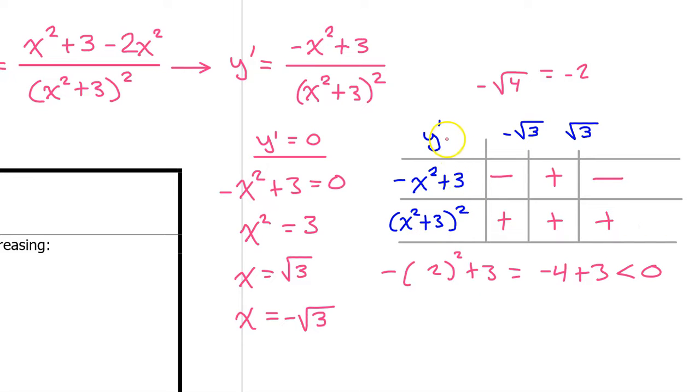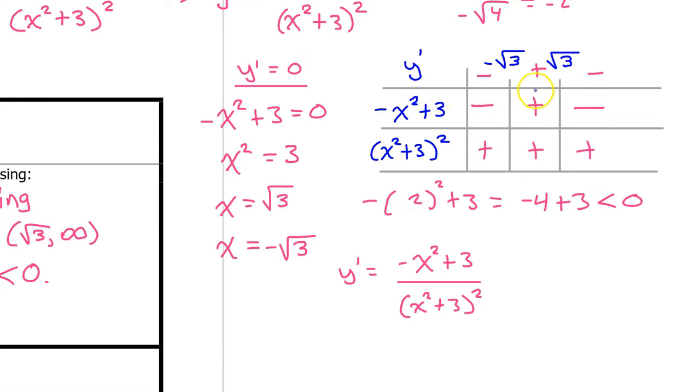The overall sign of y prime will be negative in the first interval because of the 1 negative, positive in the middle interval, and negative again in the last interval. We know that y will be increasing wherever y prime is positive. So that's from negative radical 3 to positive radical 3. And y will be decreasing wherever y prime is negative.